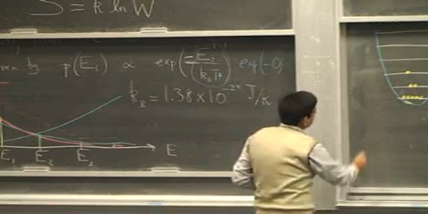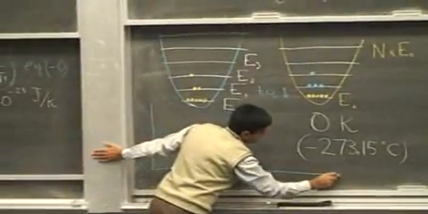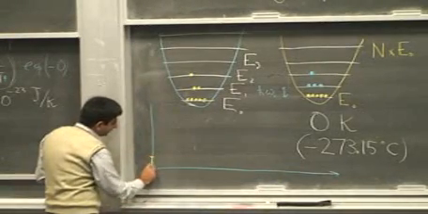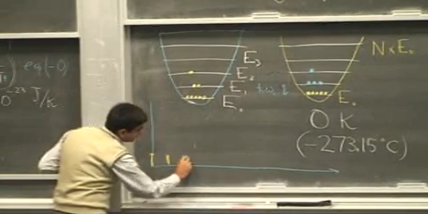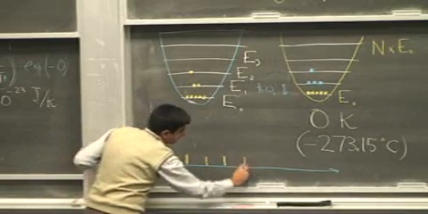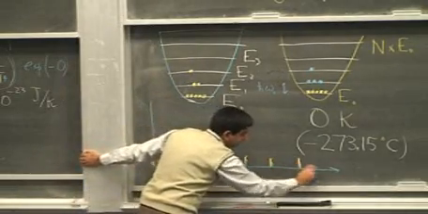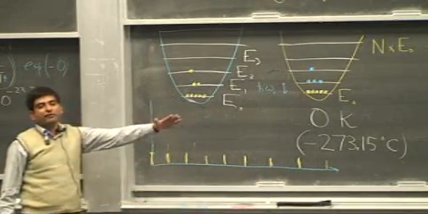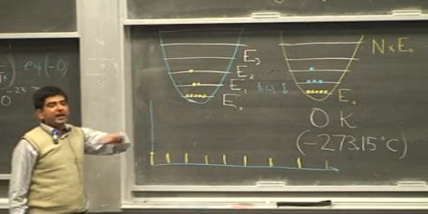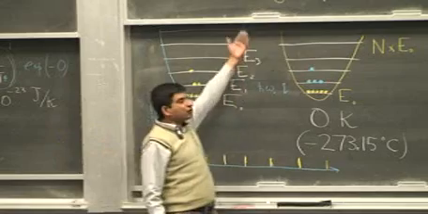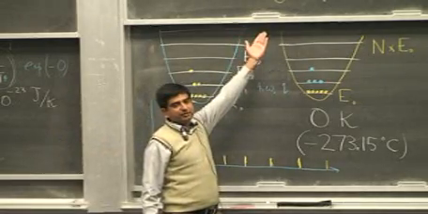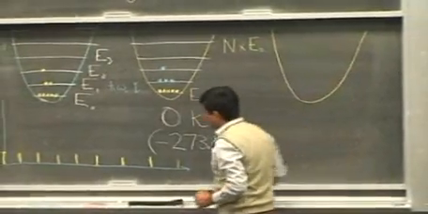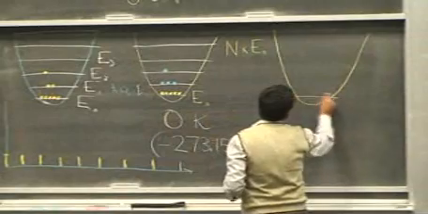So what's going to happen is that there will be an equal likelihood of populating all of the states. No matter how small or large, we can find out what the height of these is. But there will be an equal probability of populating all of the states. And it's wrong to think that only the most excited level will be populated. So at infinite temperatures or very large temperatures, what we really have is an equal probability distribution.